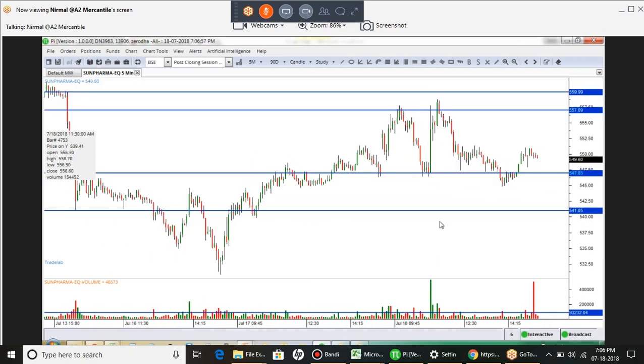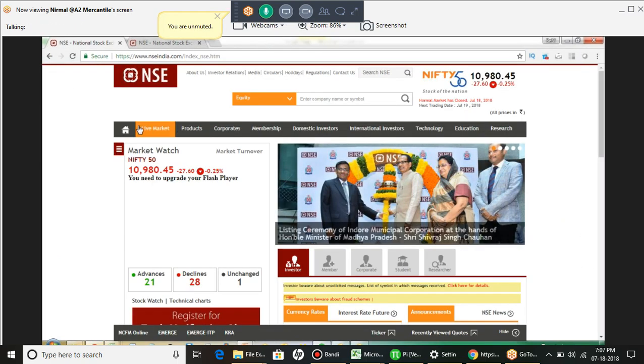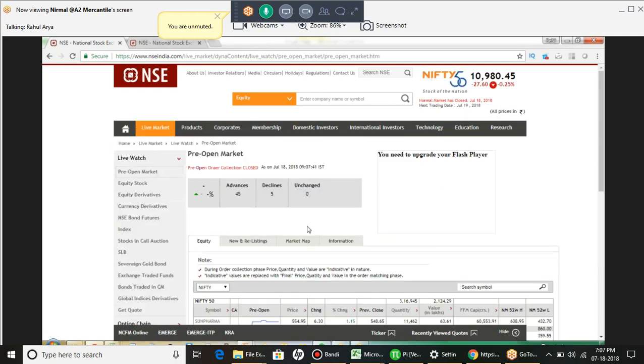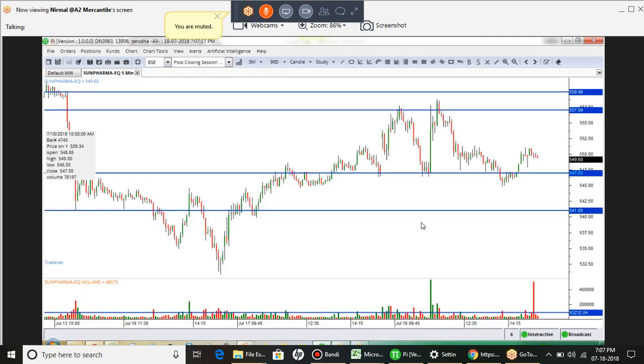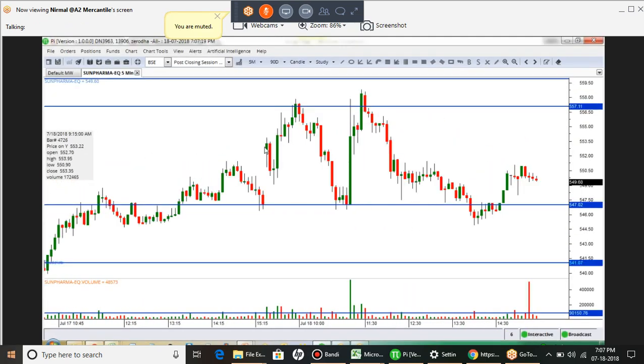So today, Sun Pharma opened somewhere here and it was the top gaining stock in the morning, right? Yes. Sun Pharma was the top gaining stock in the morning. It opened somewhere at this place.